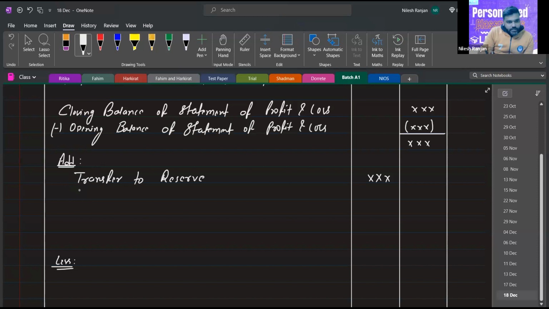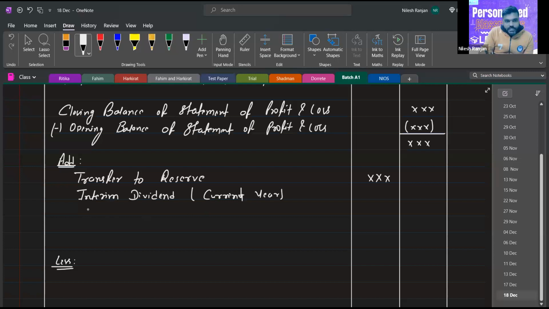Now the dividend. When we pay dividend, dividend is of two types, interim dividend and final dividend. If we have paid interim dividend, then we will consider the interim dividend of the current year, because it is paid during the year. So interim dividend of the current year is assumed to be paid.